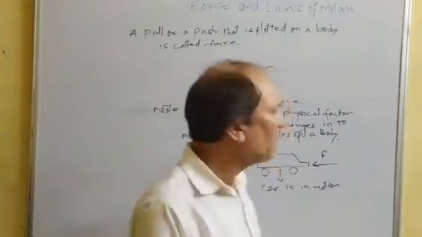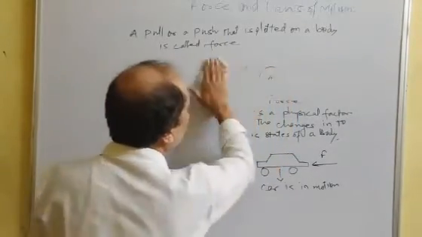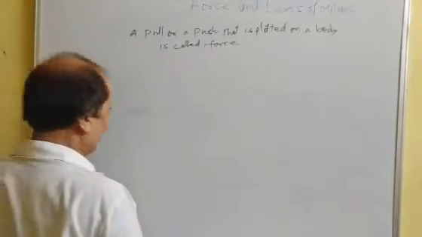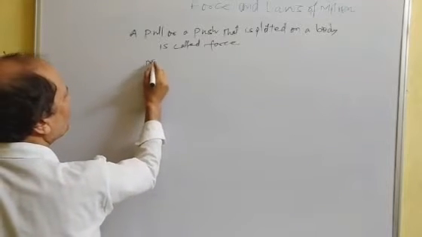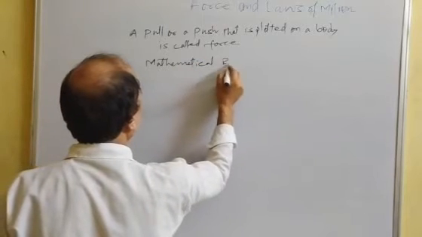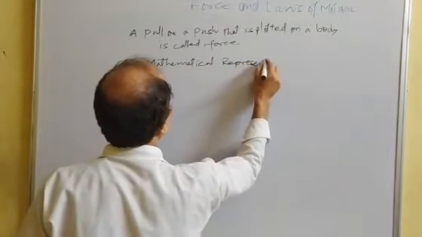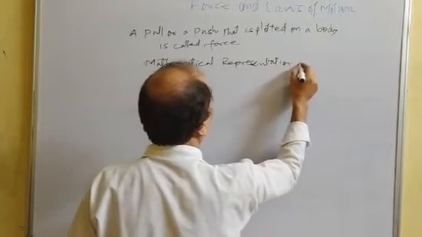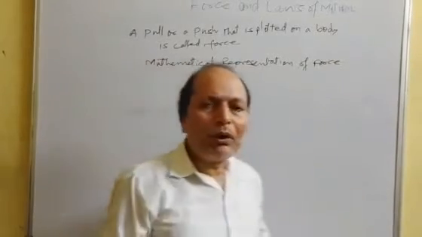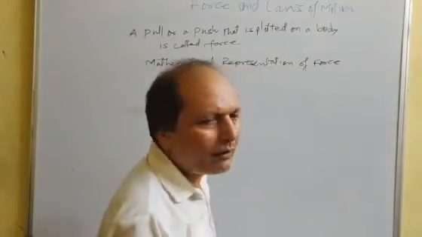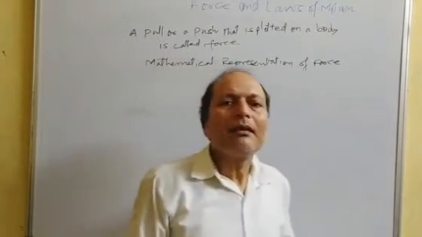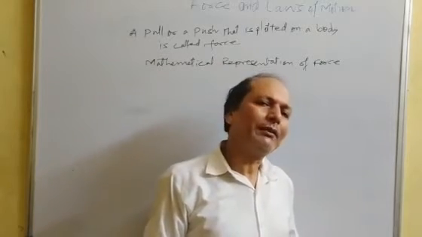Now, the mathematical representation of force. The force applied by a body becomes equal to the magnitude of the mass of the body and the rate of change in velocity of the body.